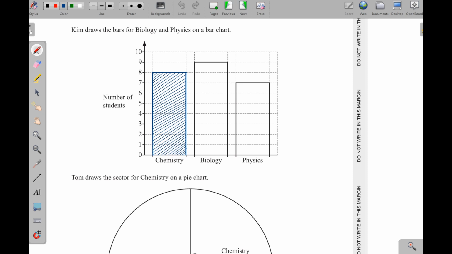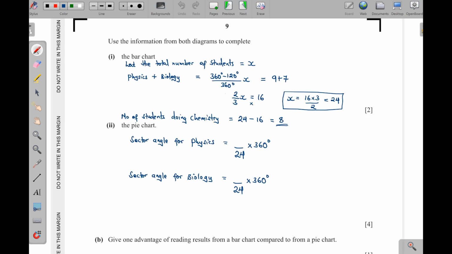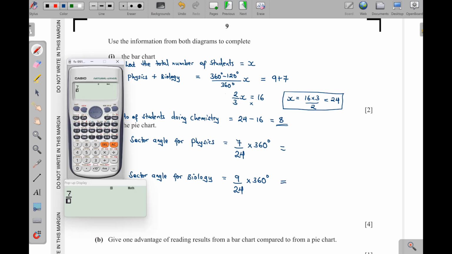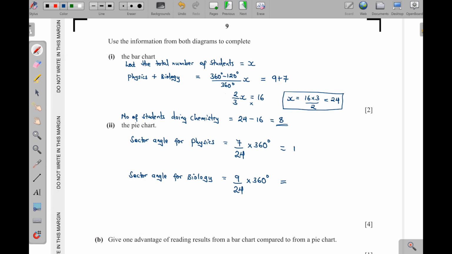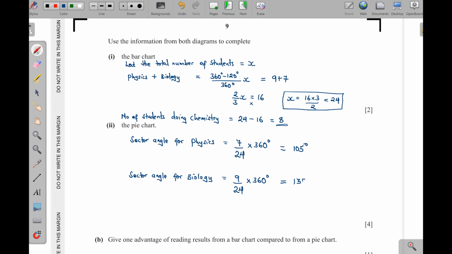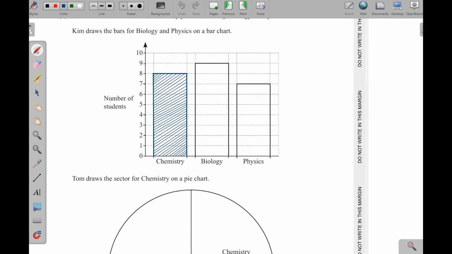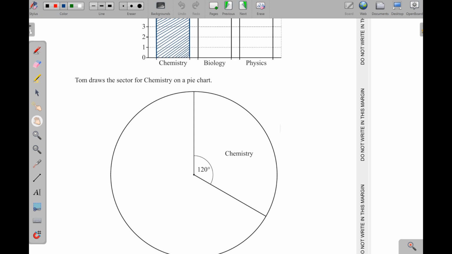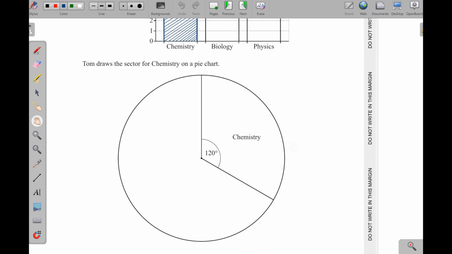Biology is 9, physics is 7. So what do we get here and what do we get here? 7 out of 24, then times 360, that one is 105. Then this other one here will be, we put a 9 here, that will be 135. So when I come this side to complete the pie chart, I'll just draw one.